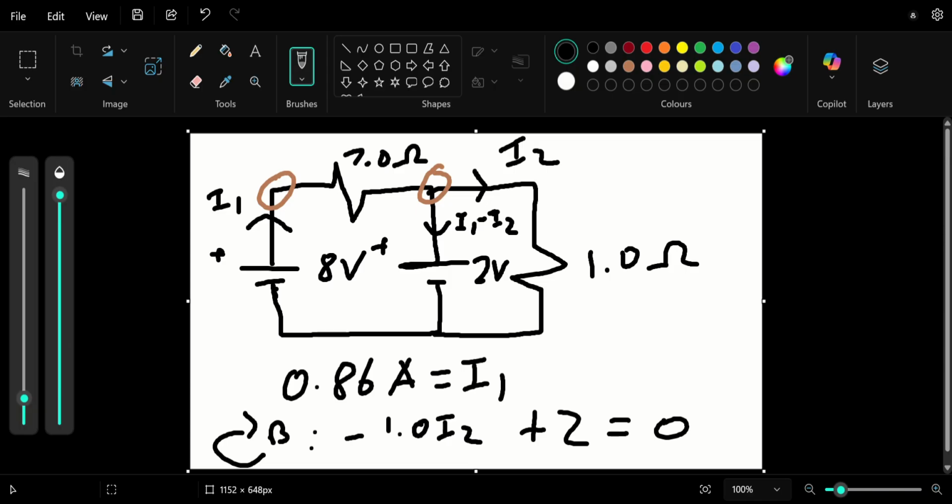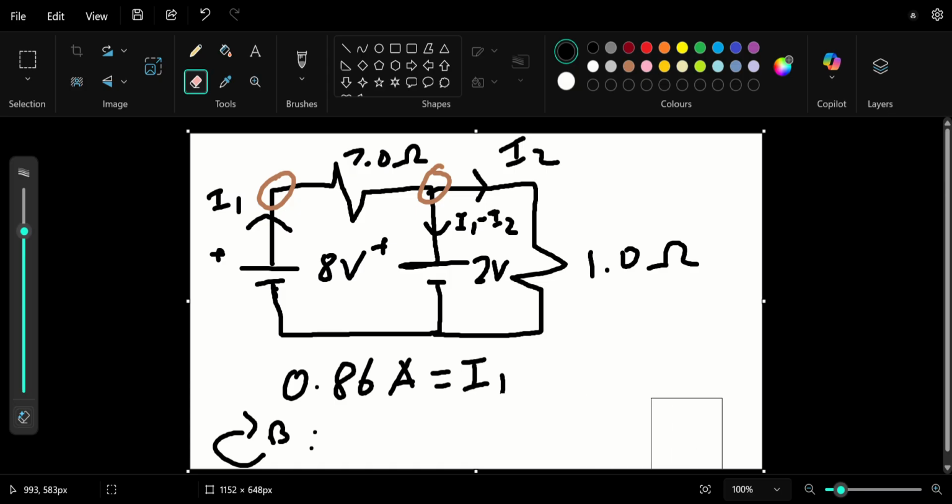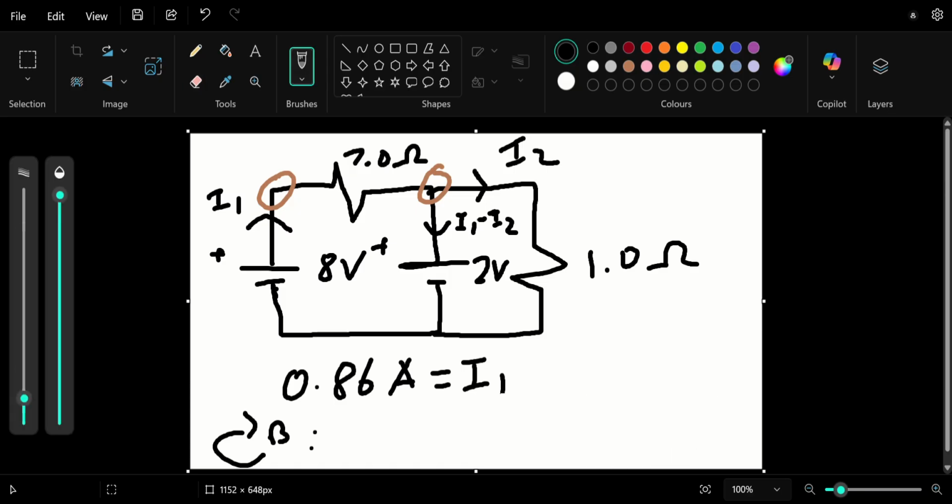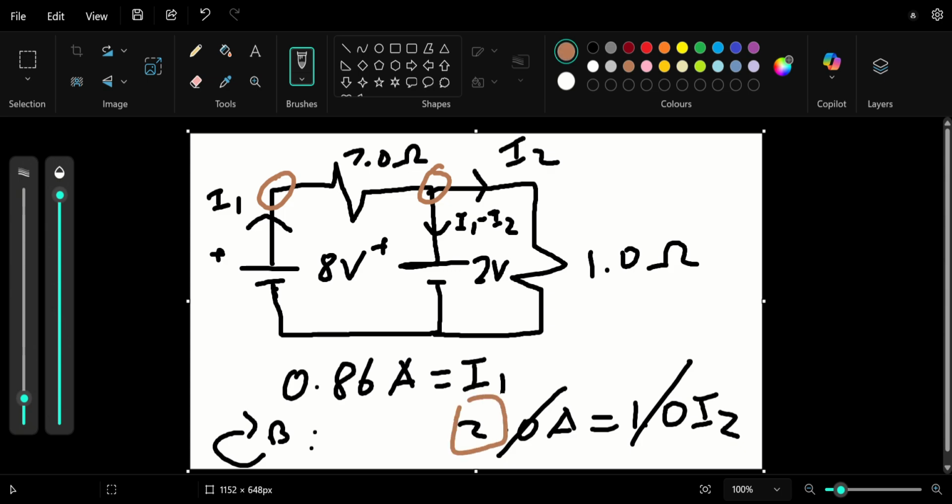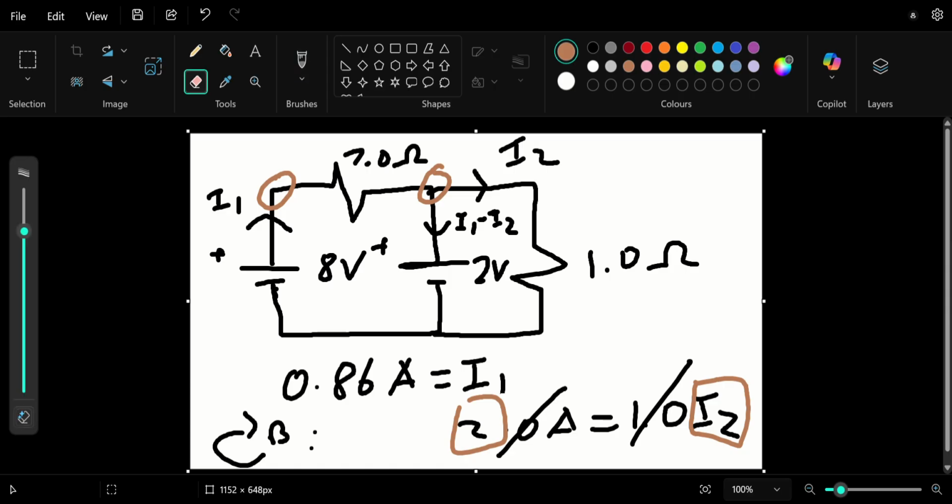This tells us that I2 is simply just rearranged, and we can write down that 2.0 amps is just 1.0 I2 divided by 1. We can just say 2 amps equals I2.